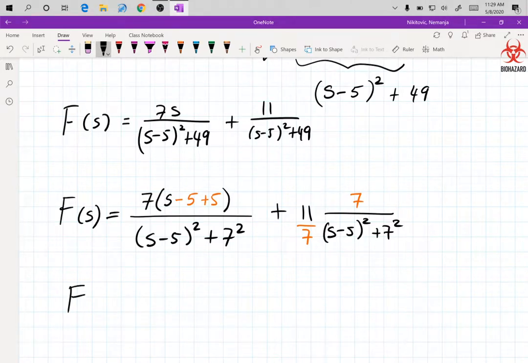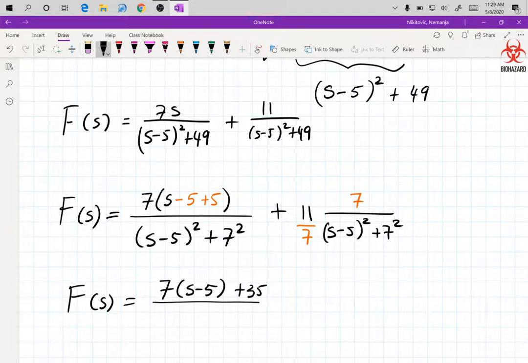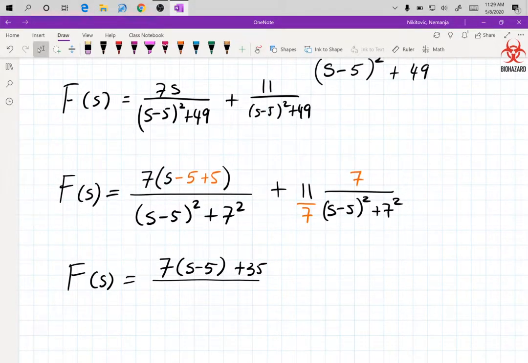to match it to what I have for the inverse Laplace. So now I have f of s is equal to, on top, 7 times s minus 5, and then I have plus 35 that are unwanted, and then I have s minus 5 squared plus 7 squared on the bottom. And now see, this plus 35 will create another one of those to throw away.